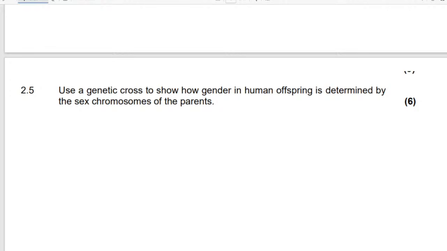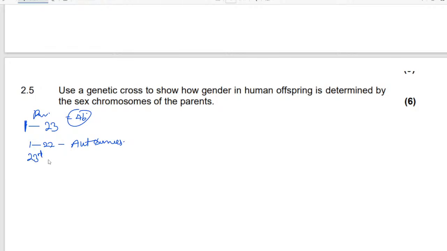So we are saying that sex determination is caused by the 23rd pair. We have chromosome number 1 to chromosome number 23, and these are pairs, meaning they equal 46 chromosomes. From chromosome number 1 to chromosome number 22, we call them autosomes.